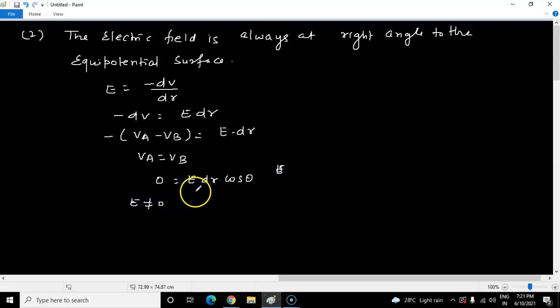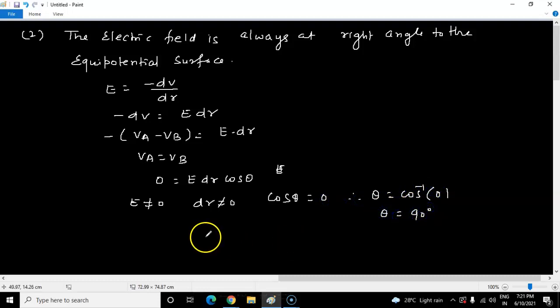E cannot be 0, and dr also cannot be 0. So only cos theta may be equal to 0, and theta equals cos inverse of 0, which is an odd multiple of 90 degrees. Getting? Yes, sir.